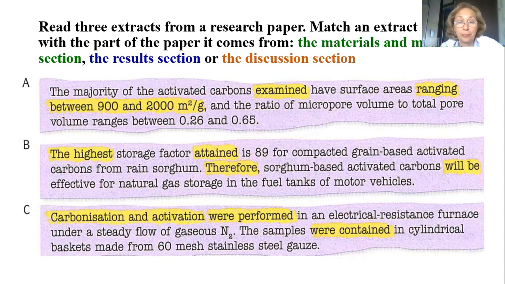Therefore, sorghum based activated carbons will be effective for natural gas storage in the fuel tanks of motor vehicles.